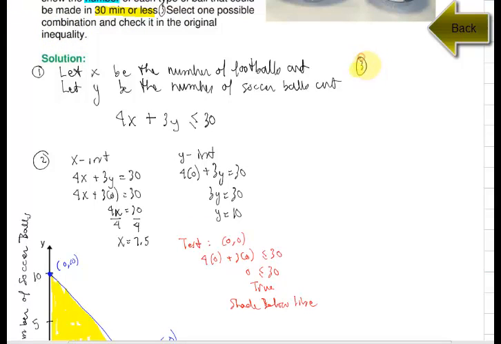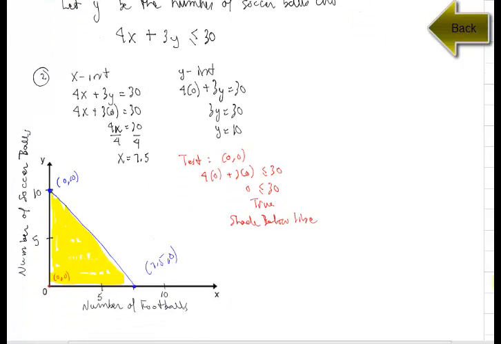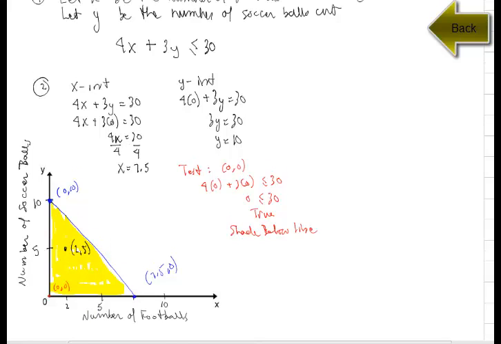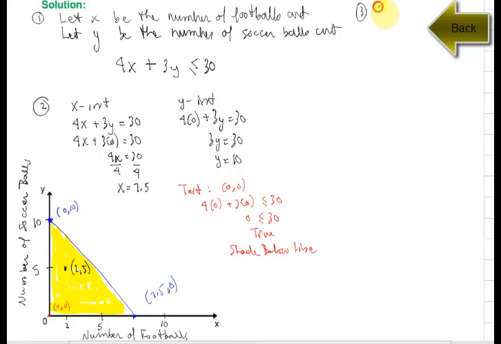Okay, so step number 3. So let's pick a combination. That could be any point in our solution region. Any point that you want. So I'm going to pick 2 and 5. You can pick any other point, but I will choose this. There's no reason why, just that it's in that region.